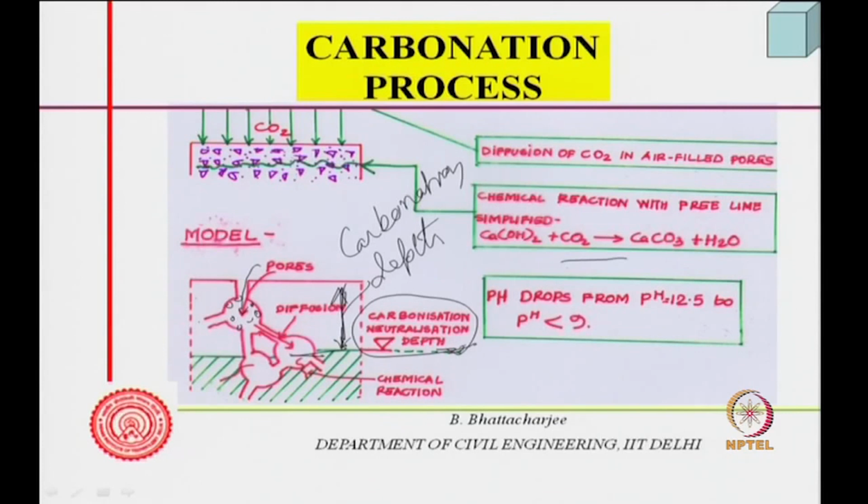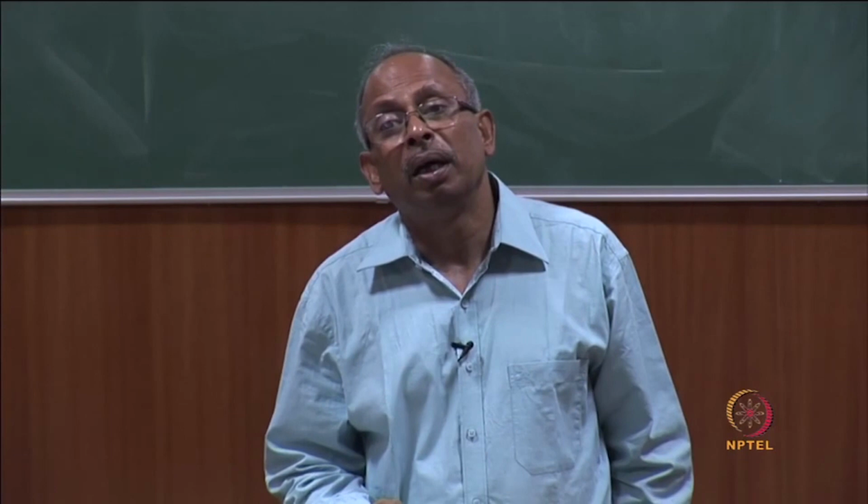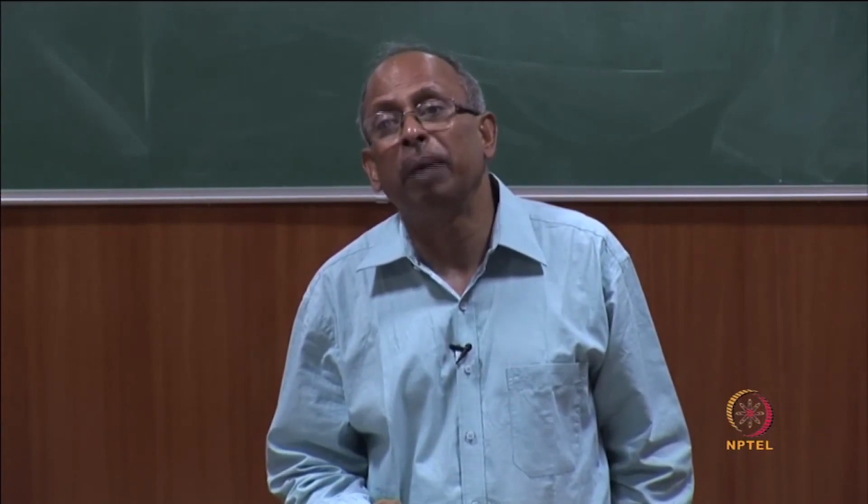Now, if it is a fully submerged concrete, moisture will be available, but carbon dioxide concentration will be very low in dissolved water. And if it is a fully dry concrete, the reaction will not proceed, even though all the carbon dioxide is there. So, this occurs only at a certain relative humidity. If you remember, when we talked of carbonation shrinkage, around 55% relative humidity carbonation shrinkage was maximum.